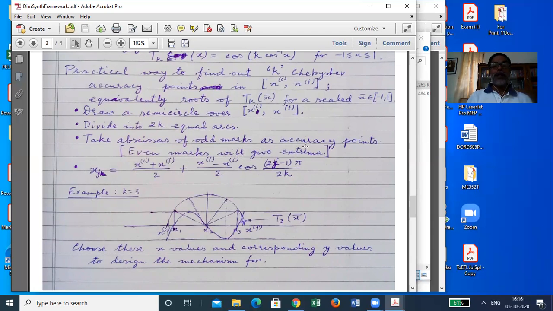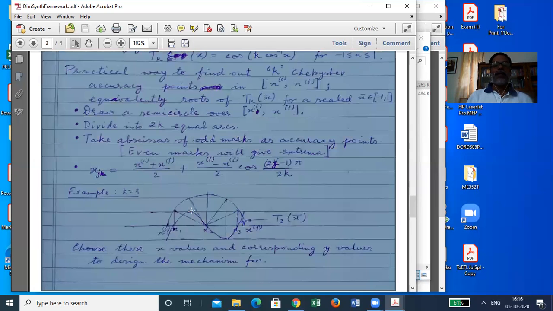Actually, because the Chebyshev polynomial of the third degree has this graph. It starts from -1 at x equal to -1, runs to this, which is basically minus half, and then plus half, at x equal to plus half. Here the maximum value of t3(x) equal to plus 1 comes.